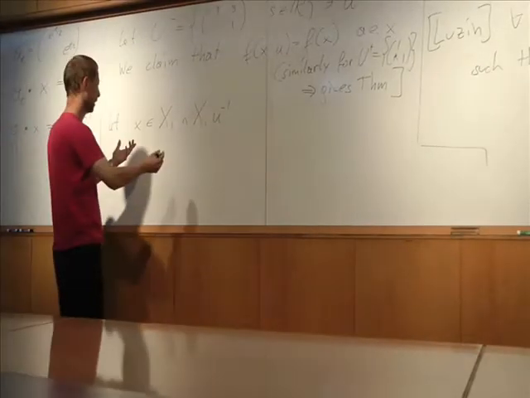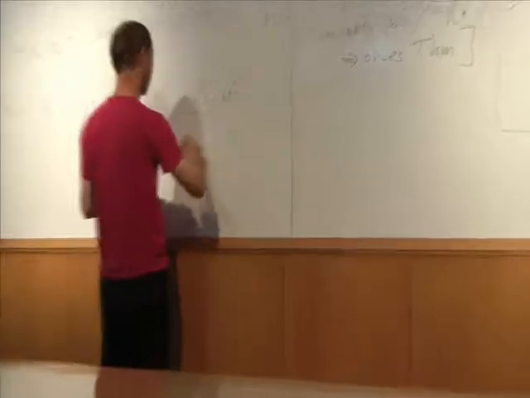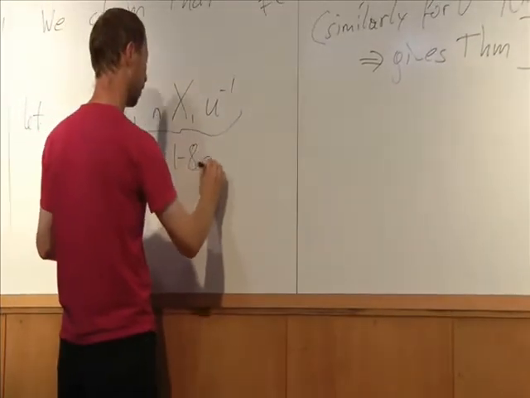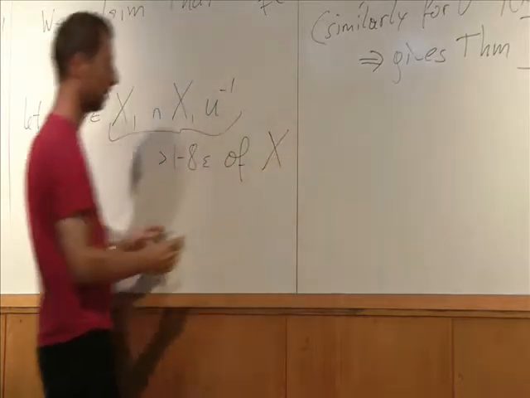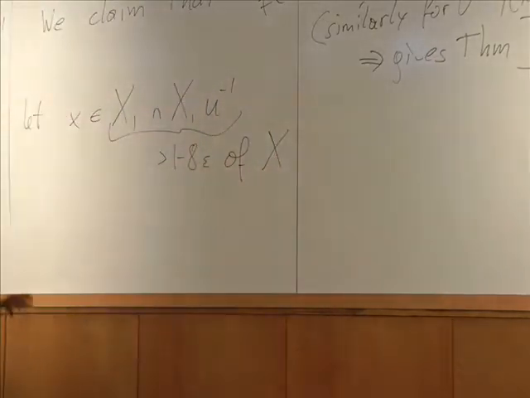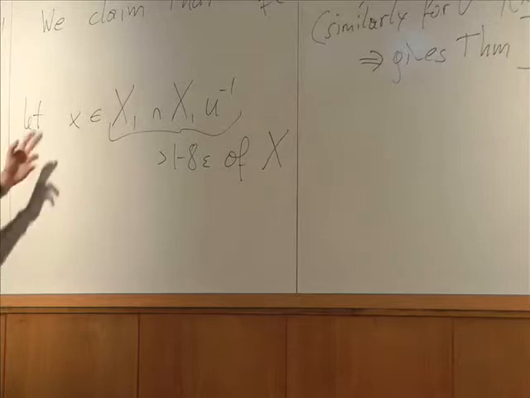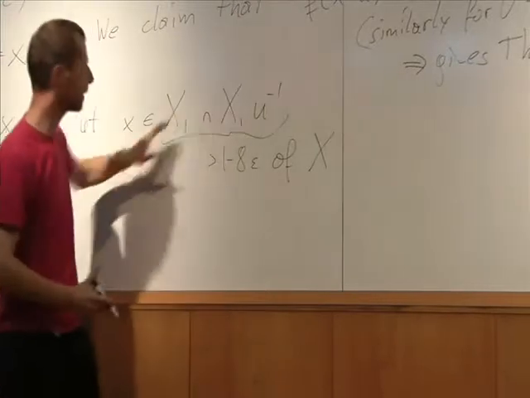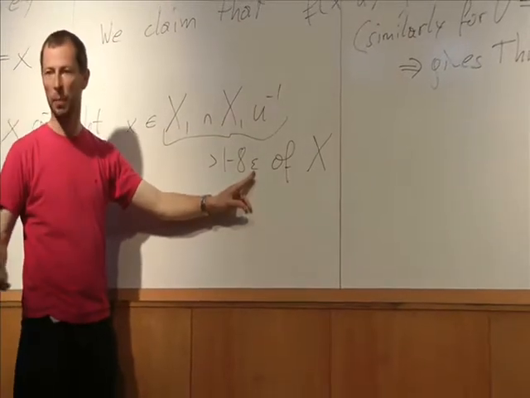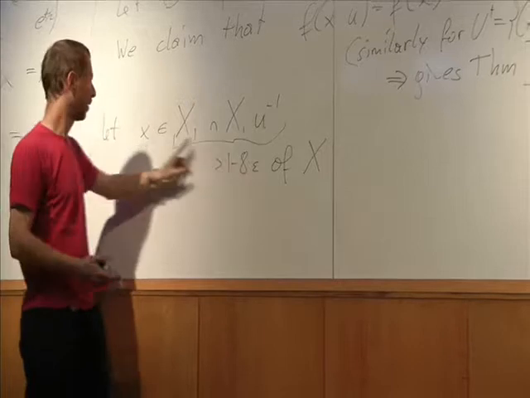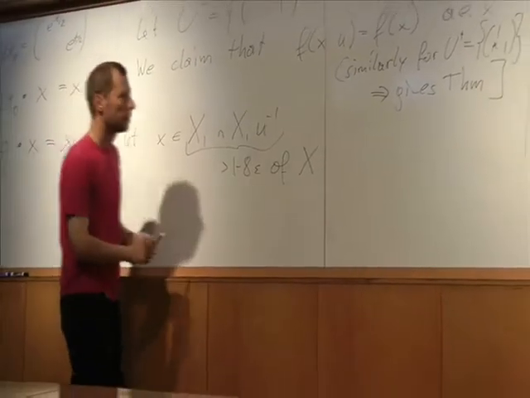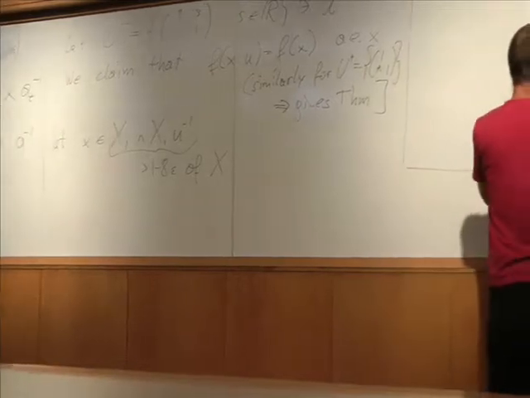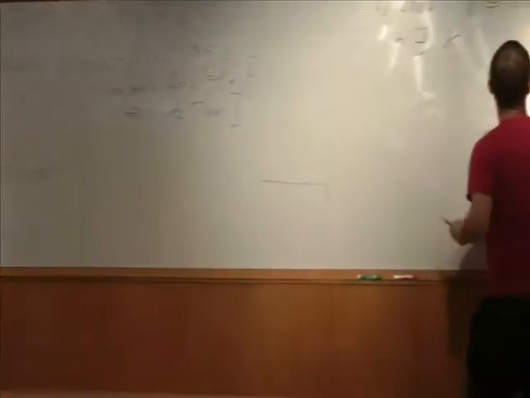So that means this has measure greater than 1 minus 8 epsilon of capital X. So if I show this equation for all the x's in here, since epsilon is arbitrary, I'm done. Okay? Now I do precisely what I outlined yesterday, and the continuity will kick in in a minute.